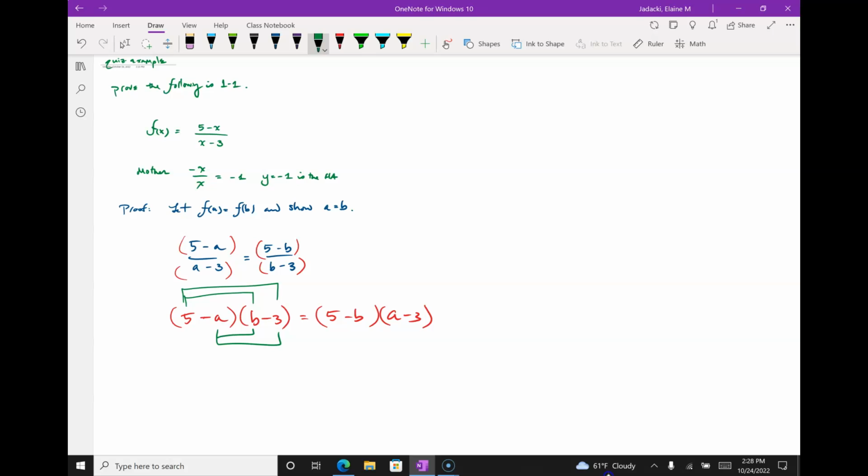What's next? Distribute, or FOIL if you must, right? 5b minus 15 minus ab plus 3a on the left. 5a minus 15 minus ab plus 3b on the right.